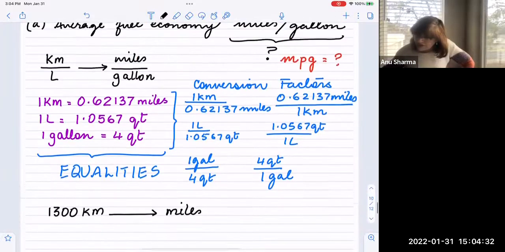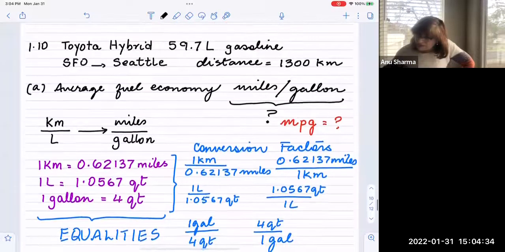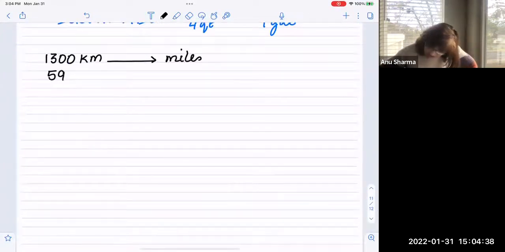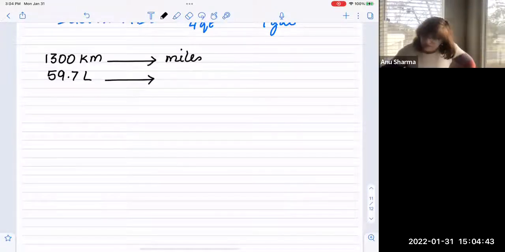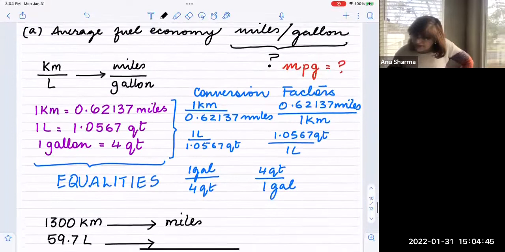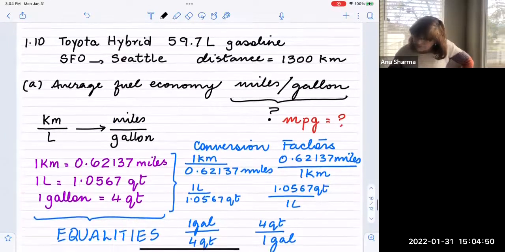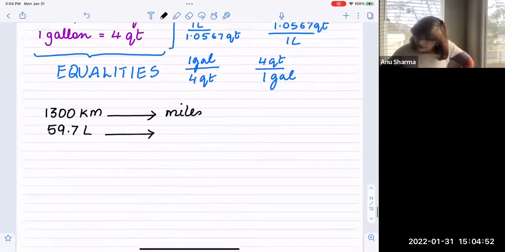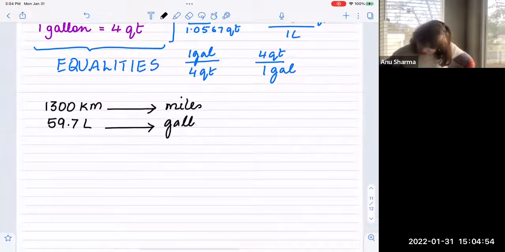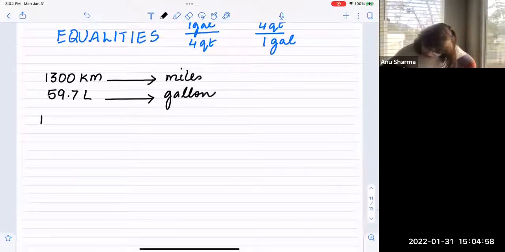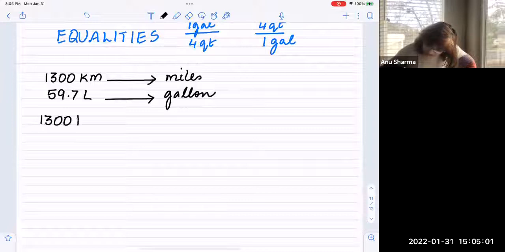And we have these liters, 59.7 liters, and you convert this into gallons. So start with the first one, which is 1,300 kilometers over 59.7 liters.